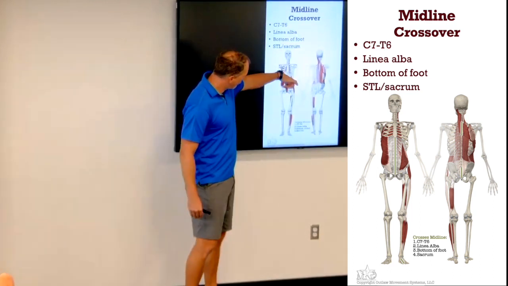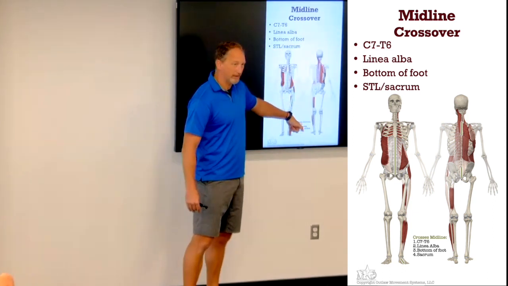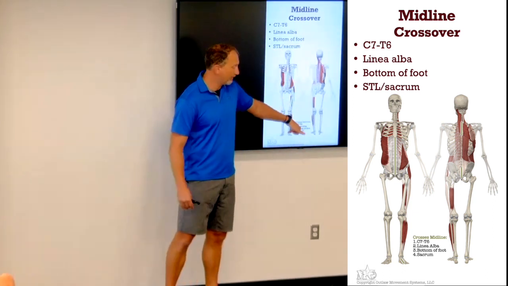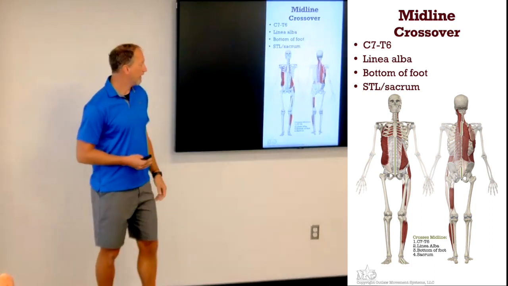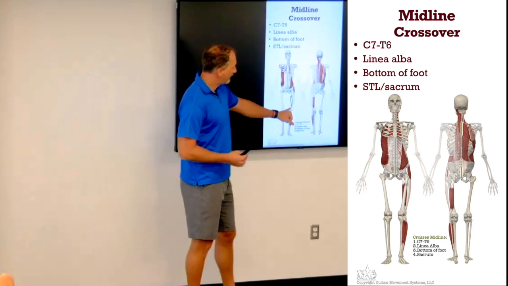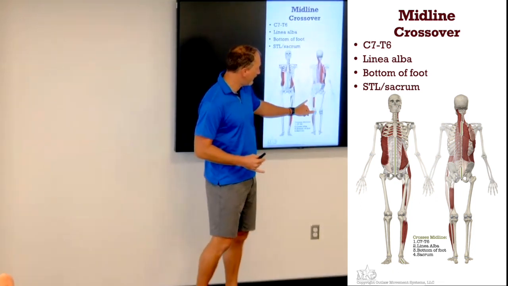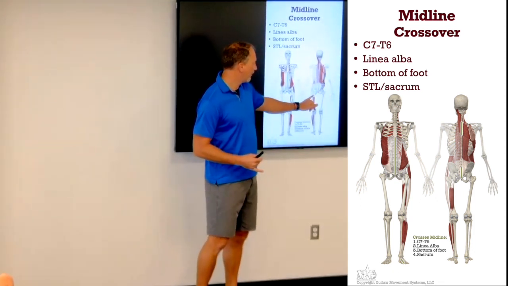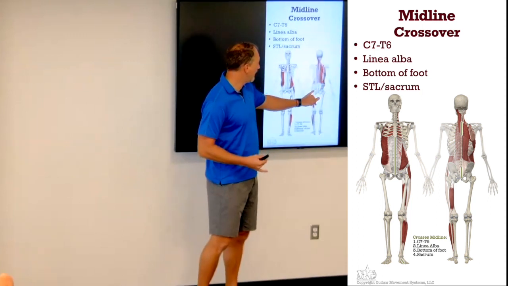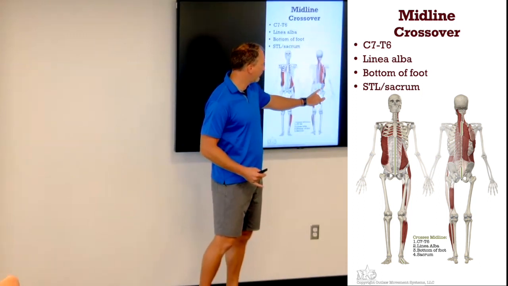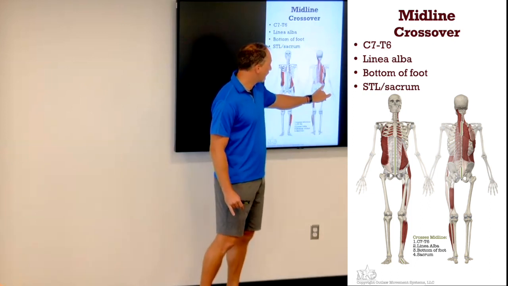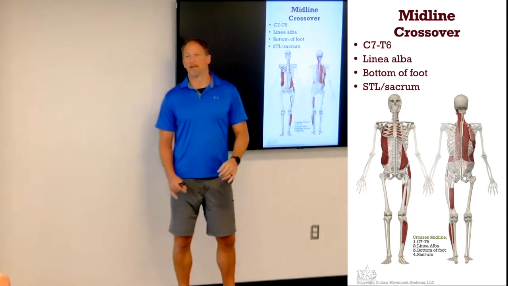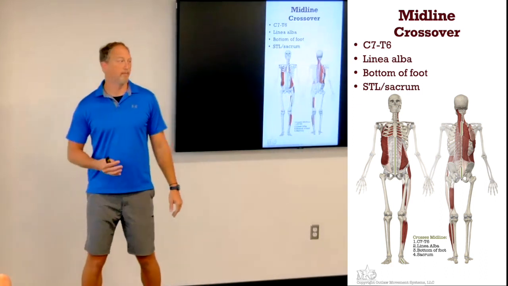Now it's not truly the body's midline, but it's the midline of the joint, the midline of that limb. So when we're in single leg stance, that does become our midline. And then as we come back up, depending on what's going on, we can cross midline a 4th time at the sacrotuberous ligament at the sacrum, where it goes up into the lumbosacral fascia on the opposite side. So we have 4 points where we cross midline.